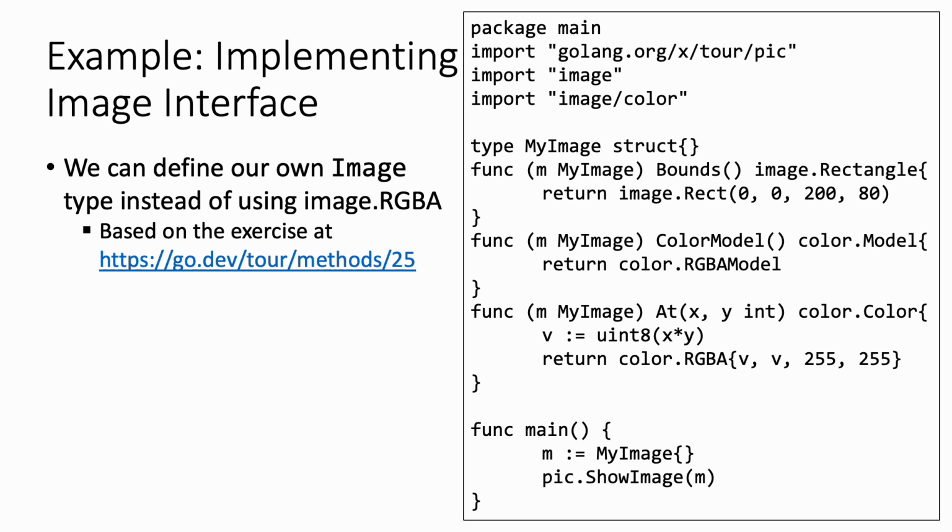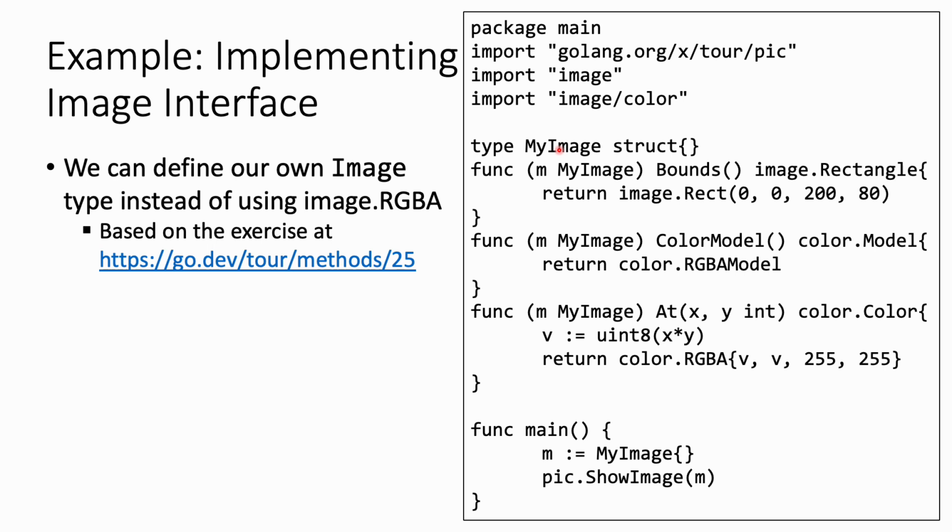This example of implementing the image interface is a solution to the exercise from A Tour of Go at this link. In this example, we define MyImage struct type that will implement the image.Image interface. Recall that the image.Image interface has 3 method signatures, so MyImage must implement all those 3 methods.